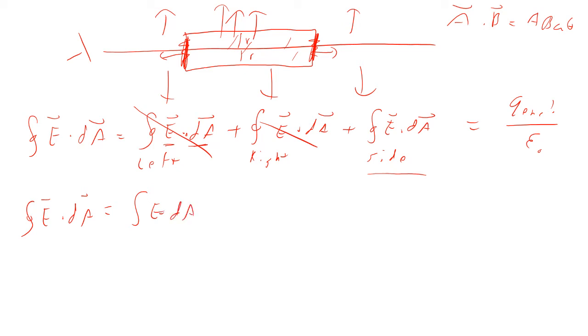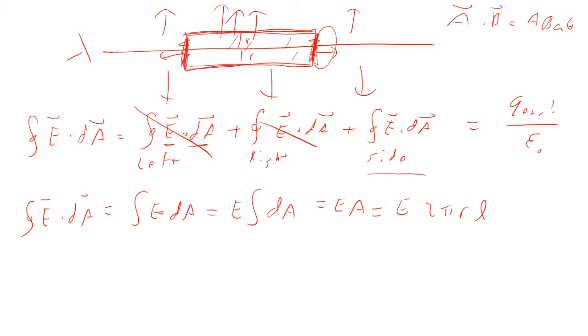Because I cleverly made my cylinder symmetric around the wire, the electric field is constant, so that just becomes the integral of E times the integral of dA. The integral of dA is just the area of the side of the cylinder, which is the distance around, 2 pi r, times the length. That's my integral.